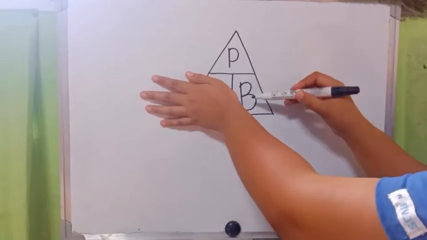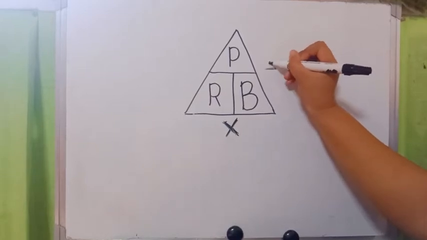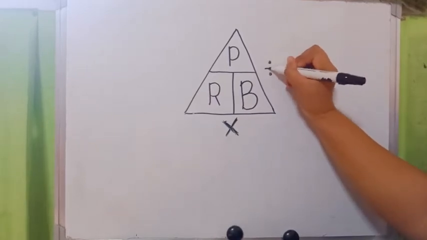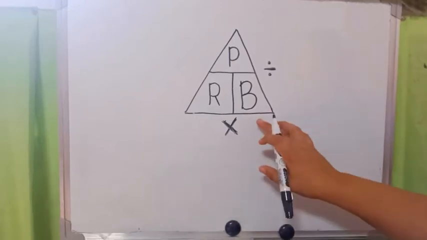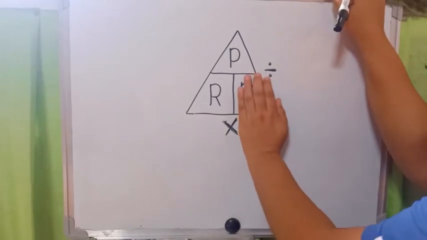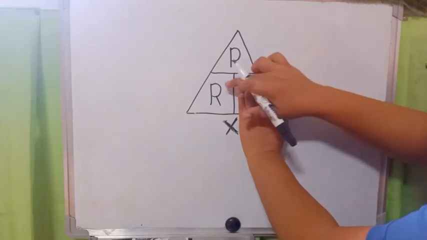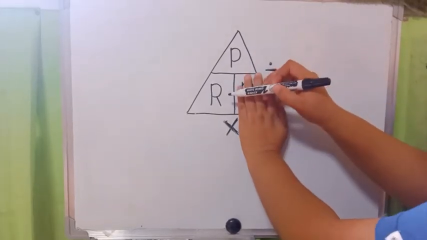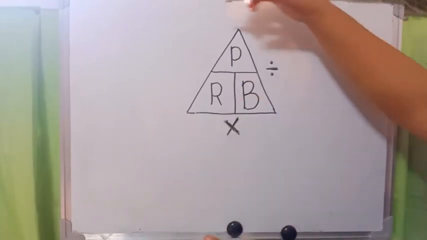So P divided by B, or percentage divided by the base. What if we are looking for the base? We need to cover the base, or B. Then we look at the remaining: P over R. We just need to divide P divided by R.